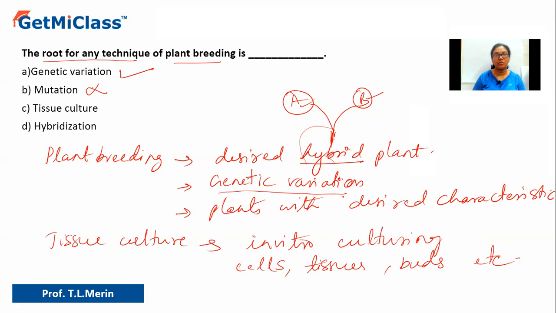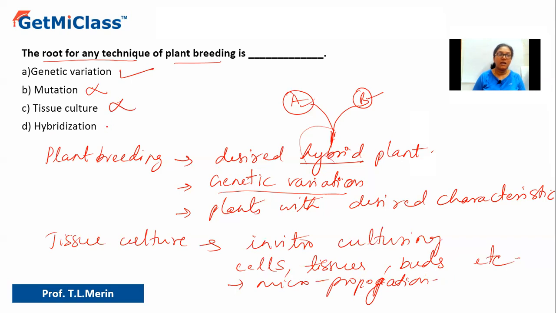Here we are not thinking about the breeding part. We are just multiplying the number of cells, the number of plants. So you will get many plants here, which is called micropropagation. We are not doing any breeding here. We are just culturing. Even if you have a hybrid variety, that can be cultured to give more plants. That is called micropropagation. Hence, it is ruled out.